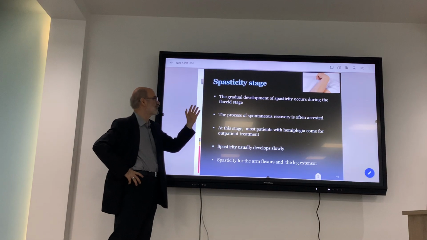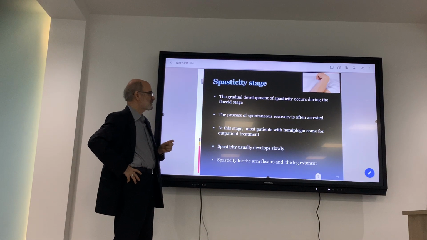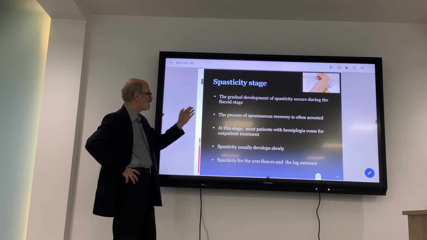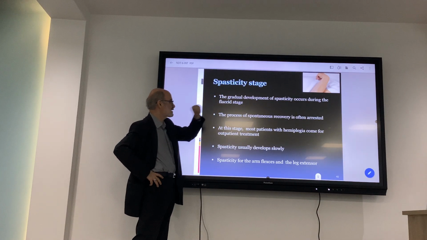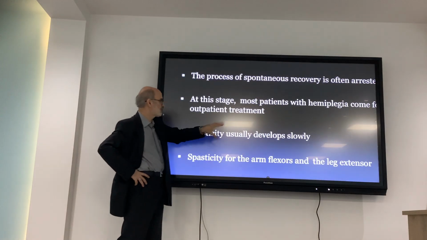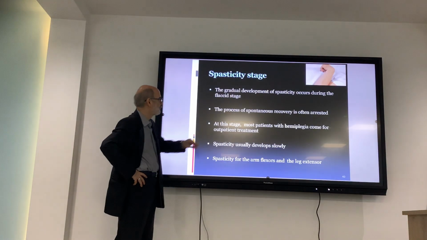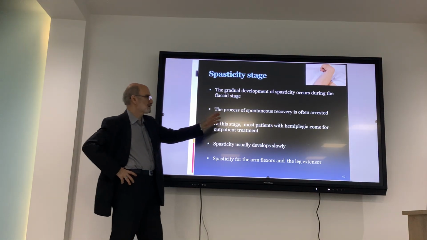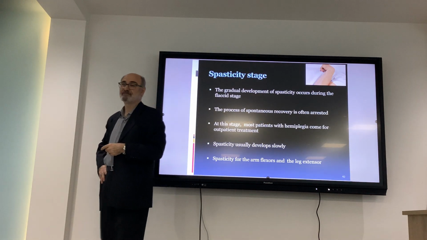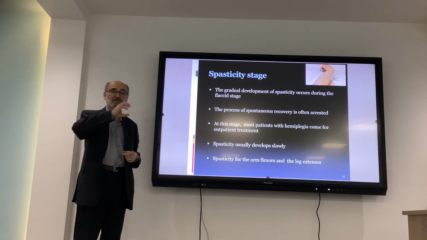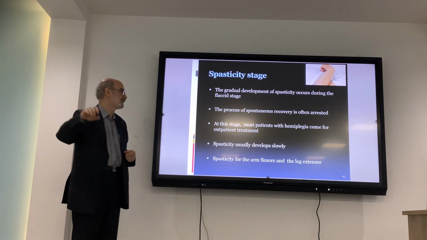Therefore, there is a gradual development of spasticity occurring during the flaccid stage. Here, during the spastic stage, the process of spontaneous recovery is often arrested, and they reach a plateau of recovery.